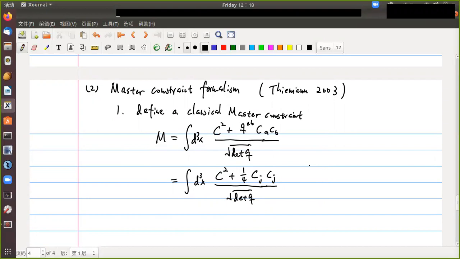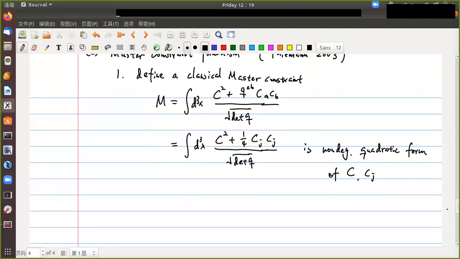So M is a non-degenerate quadratic form. This is a form of C and C_J. All right. Suppose we write it in terms of C_I.